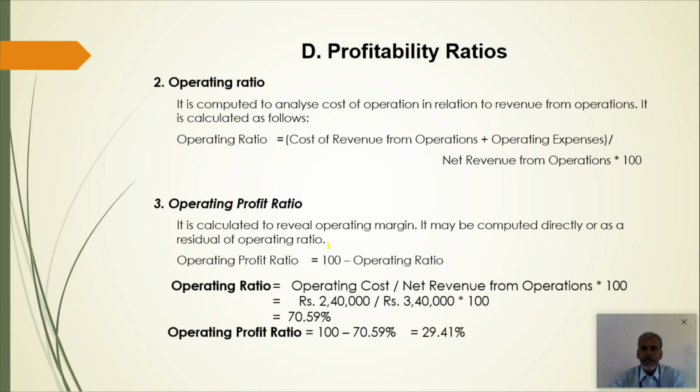We will move to the next, the gross operating ratio. Here the formula is given. You divide the cost of revenue from operations plus operating expenses by net sales, and you multiply by 100 to get a percentage. So profitability ratios are generally in percentage. Not all profitability ratios, but most of them are in percentage.